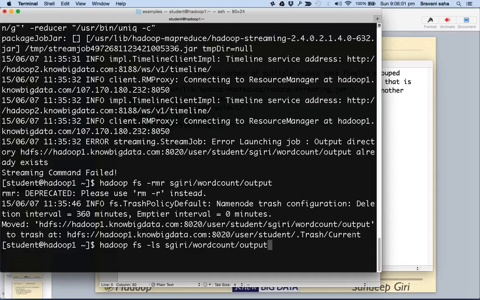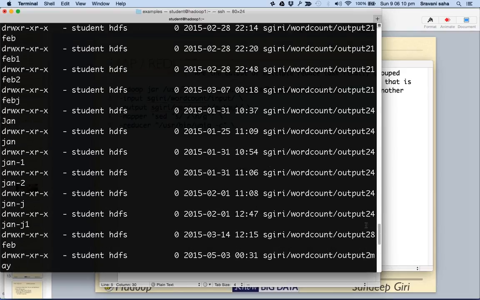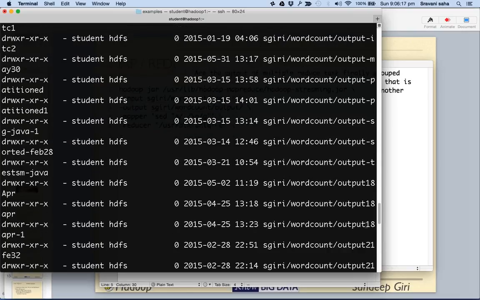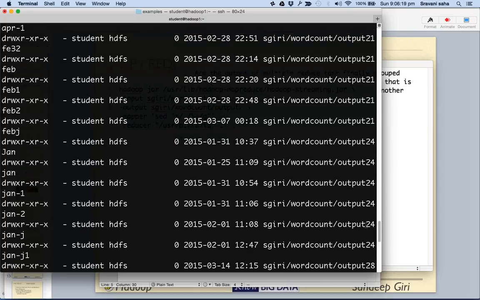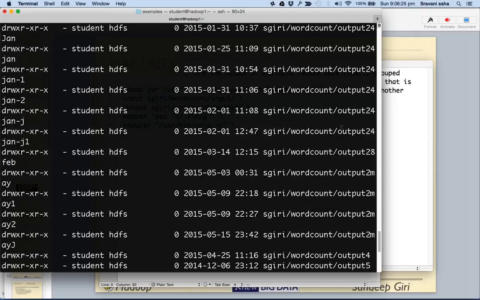Now we say ascii. It should show all the folders in the word count case, and there are these many folders already in this. It does delete, even though it keeps on complaining.